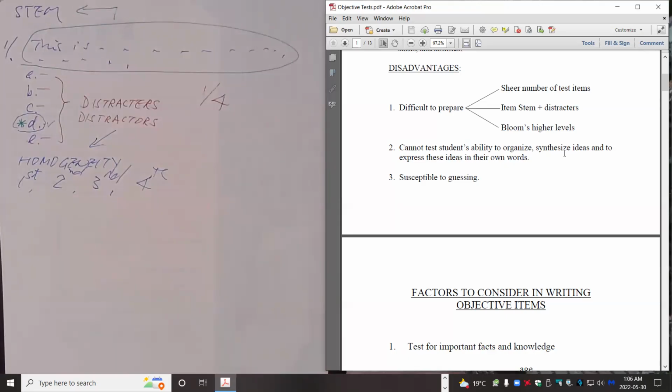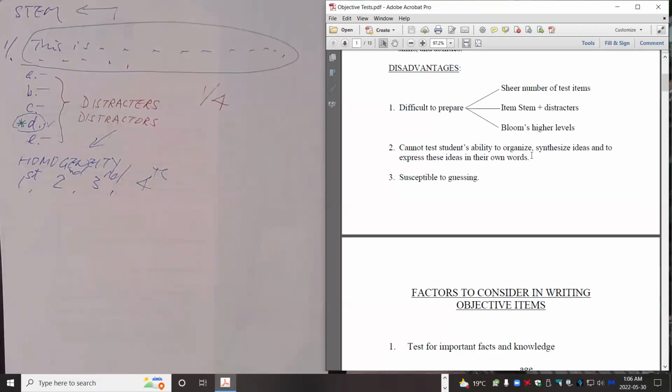Now, objective test items cannot test students' ability to organize ideas, synthesize ideas, and express these ideas coherently in their own words. Only essay could do that, in written form and in oral form. No other objective test could do it.